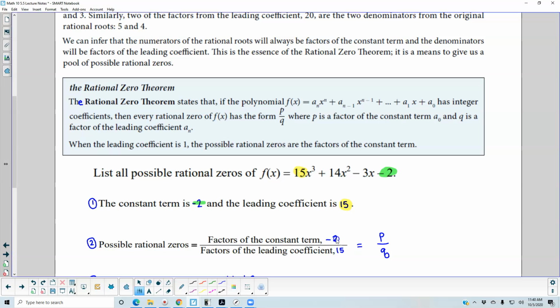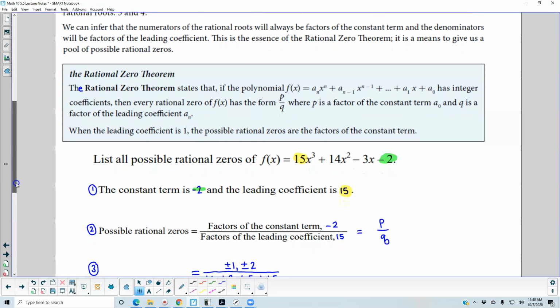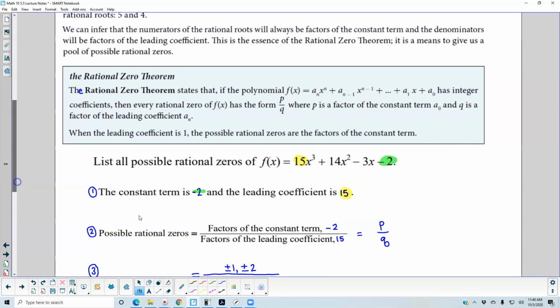So what are all the factors of negative 2? Well, the possible factors of negative 2 are the following. You have plus or minus 1, comma, plus or minus 2. Those are all the factors. So you can have a positive 1 as a factor of negative 2, negative 1 is a factor of negative 2, positive 2 is a factor of negative 2, and negative 2 is a factor of negative 2.